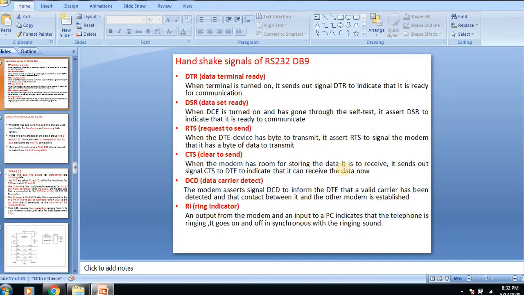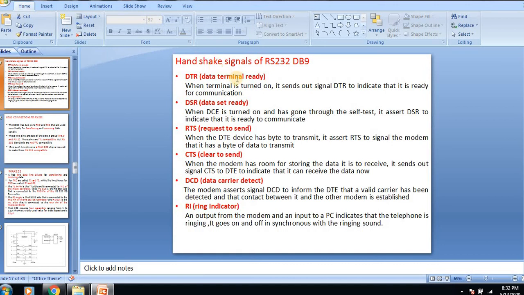Okay, so now we'll see data terminal ready, that is DTR. We know that DTE is data terminal equipment, which refers to the computer which sends or receives the data.